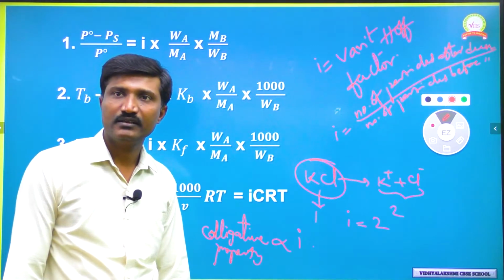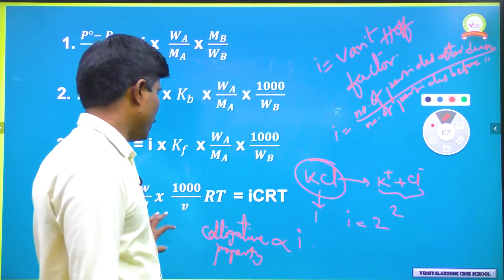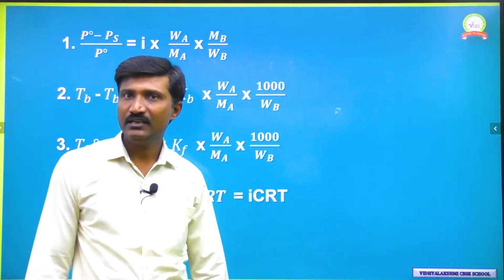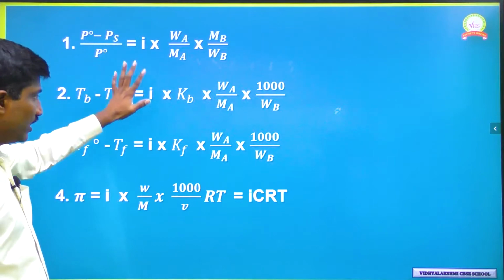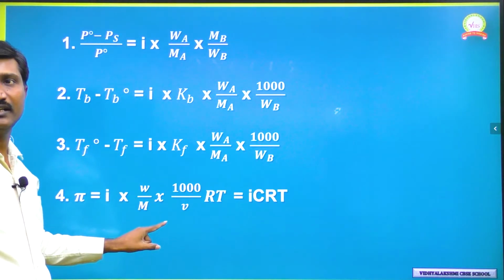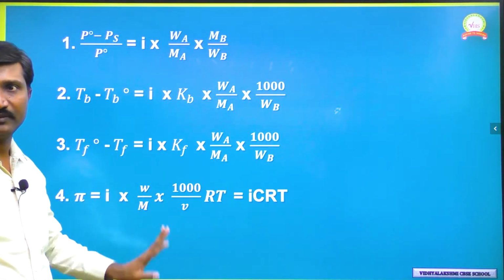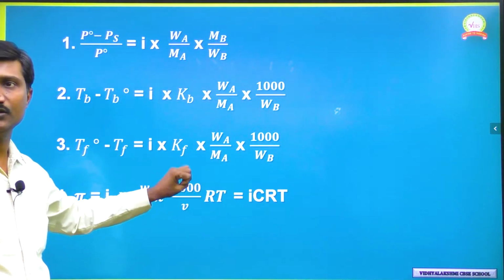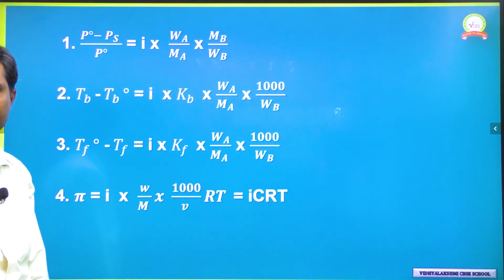Is it clear? Right. So this is about the van't Hoff factor and how we calculate that i value, and if we include the i value here, then these are the equations of colligative properties. These equations we have to use during the problem calculation part.